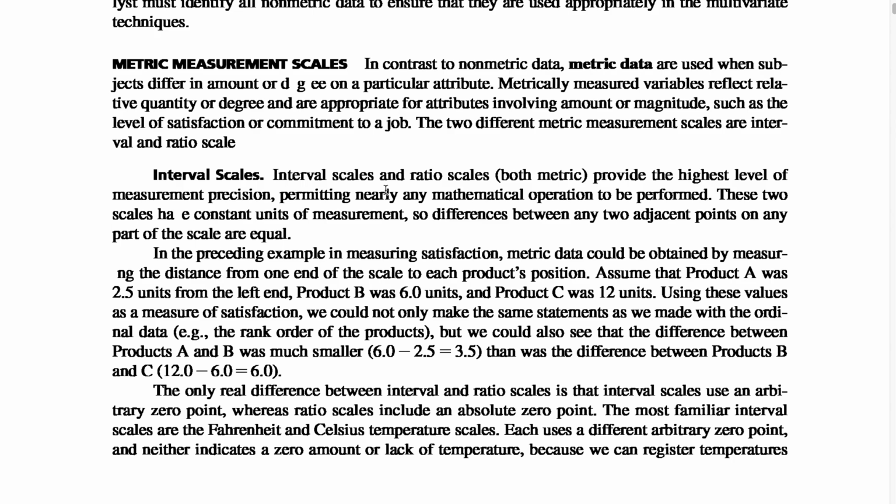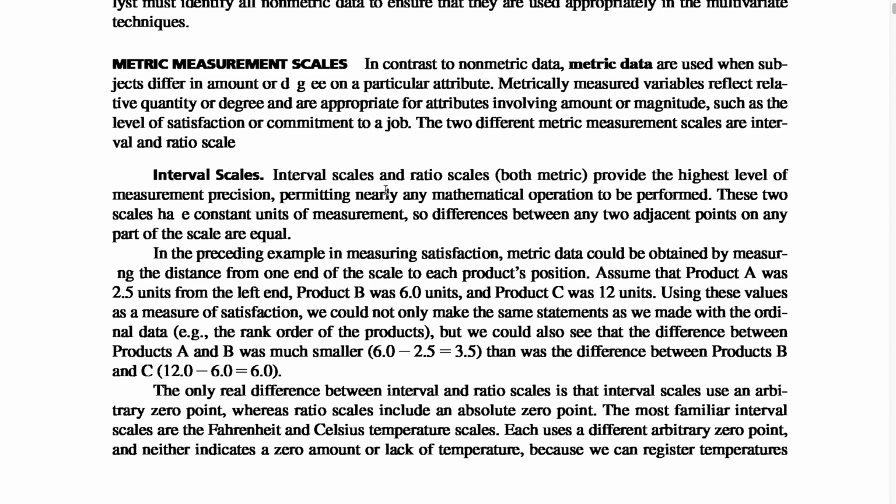Metric measurement variables reflect relative quantity or degree and are appropriate for attributes involving amount or magnitude, such as the level of satisfaction or commitment to a job. The two different metric measurement scales are interval and ratio scales.